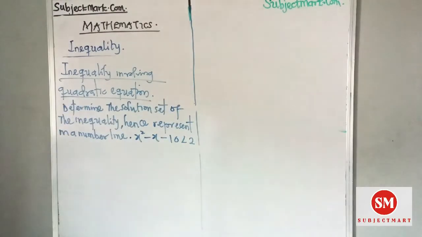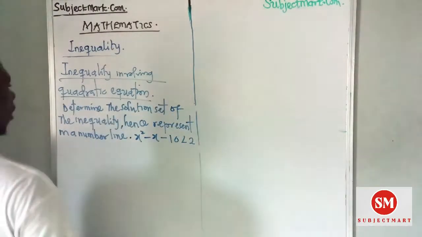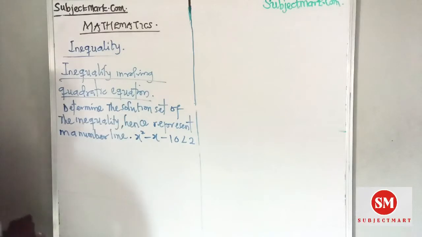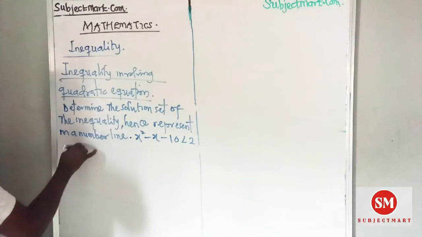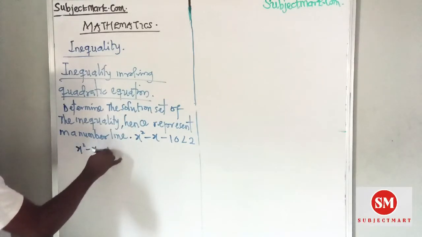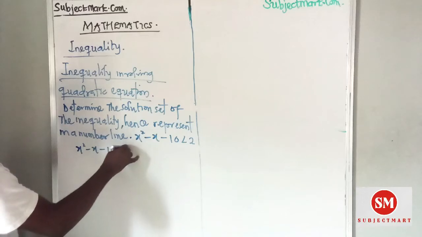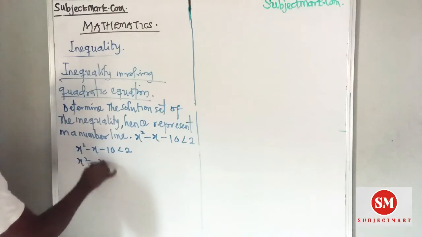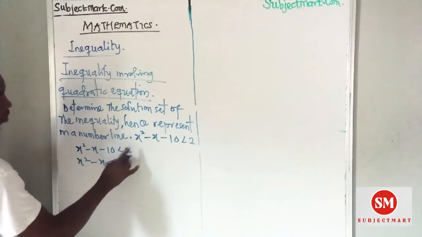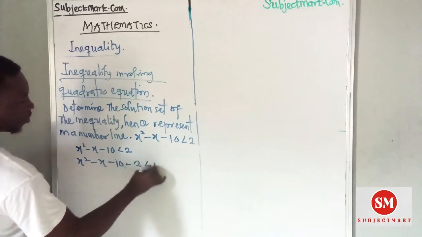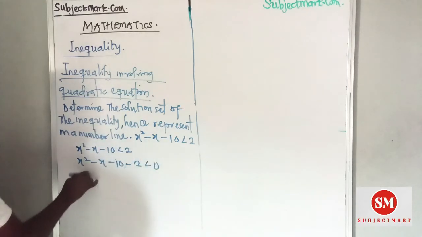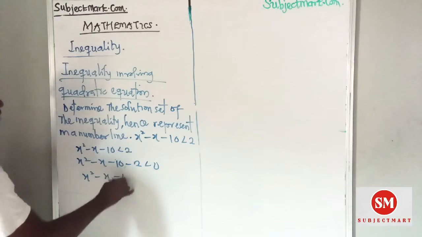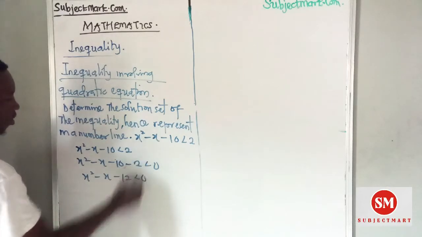Okay, determine the set of solution of the inequality, hence represent in a number line. So we have that x squared minus x minus 10 is less than 2, so x squared minus x minus 10 minus 2 is less than 0. So x squared minus x minus 12 is less than 0.